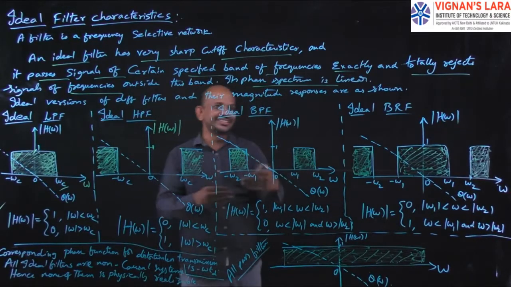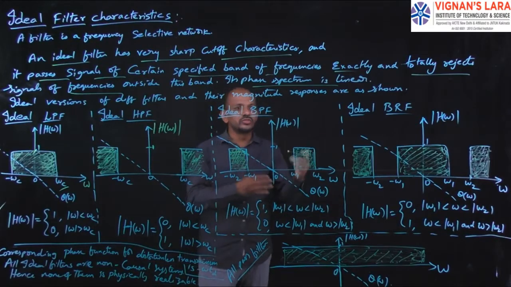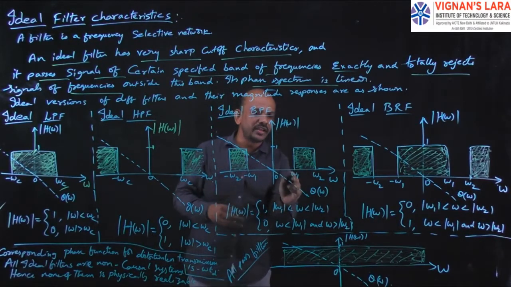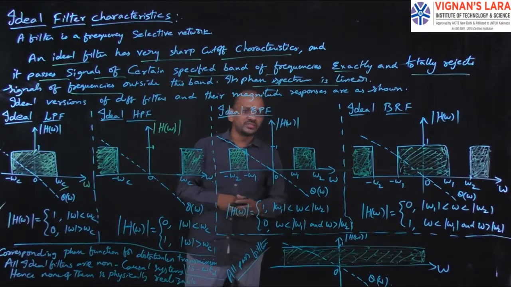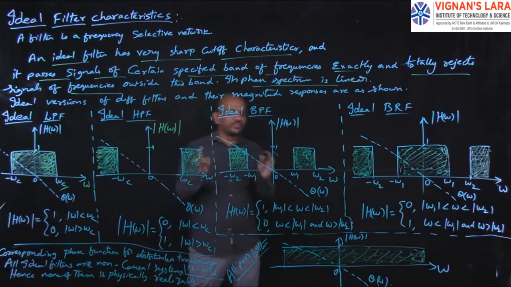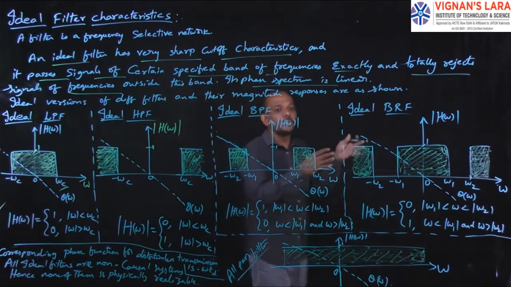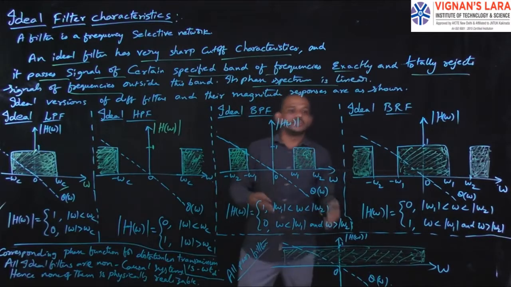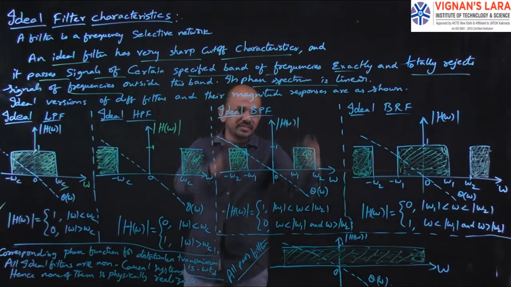So the signal will flow through the system having frequencies between omega 1 and omega 2, or simply if the omega value is between mod of omega 1 and mod of omega 2. For those frequencies the signal will be passed.